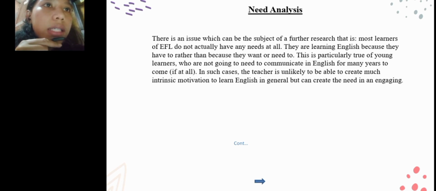They are learning English because they have to, rather than because they want or need to. This is particularly true of young learners who are not going to need to communicate in English for many years to come.